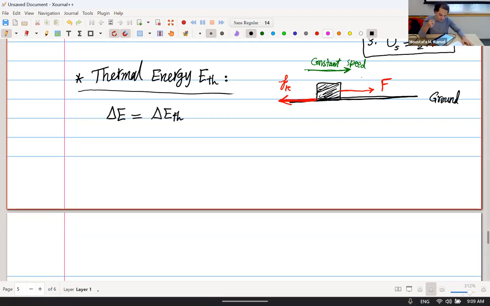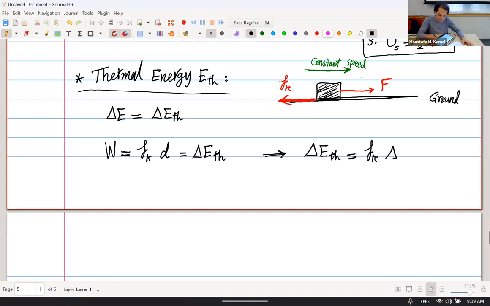Okay. What is the work done by this big F? It's just force times distance. It's as simple as that. And this is the change in the thermal energy. Usually it's denoted delta X instead of d. So let me rewrite that.